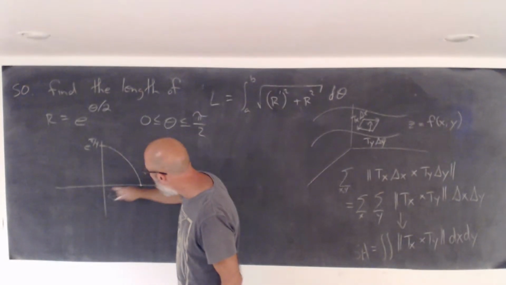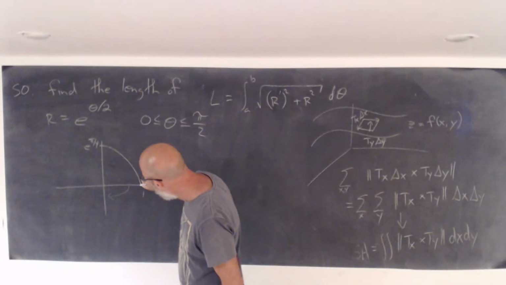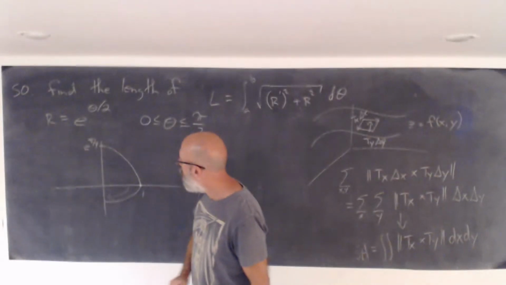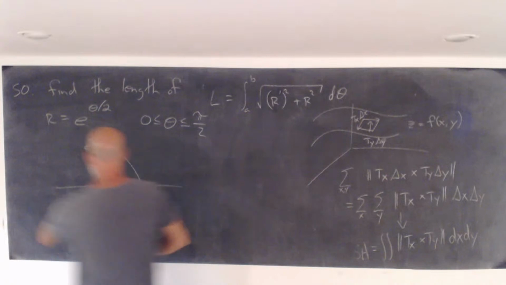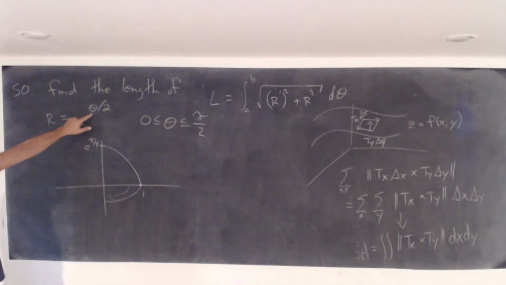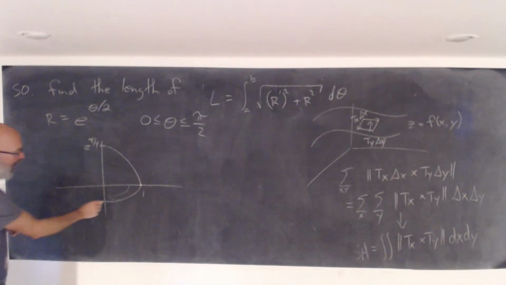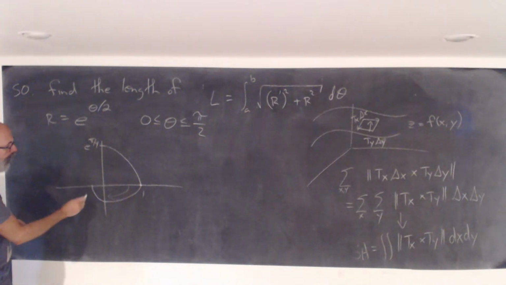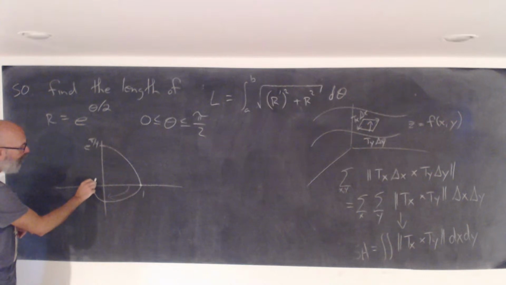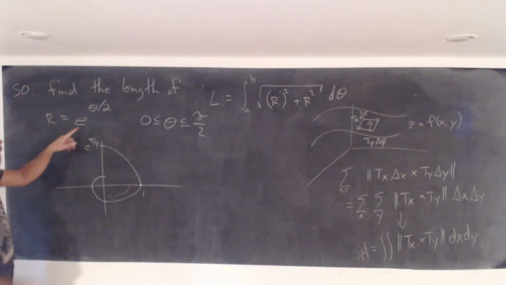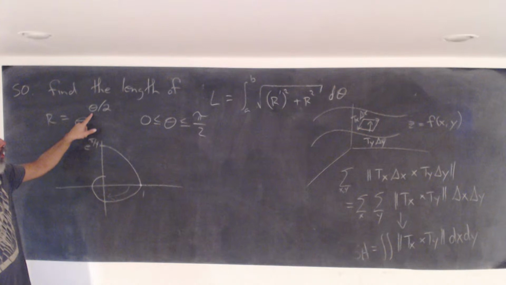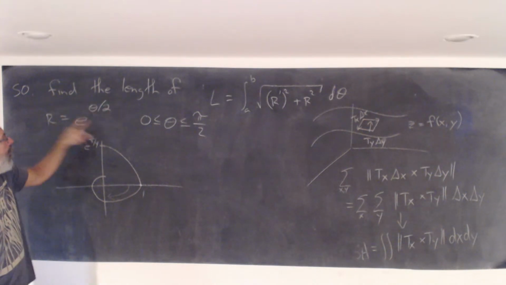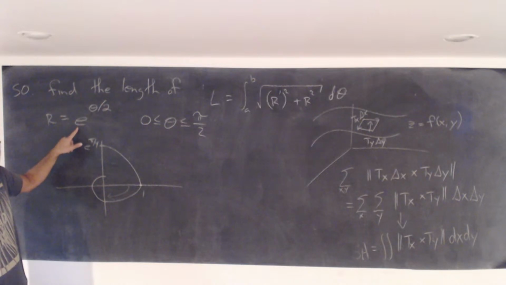So, you know, it's getting smaller. And if you continue to negative pi, e to the negative pi over 2 is smaller, and it's getting smaller and smaller. And you see what's happening, right? As theta goes to negative infinity, what is happening to this?